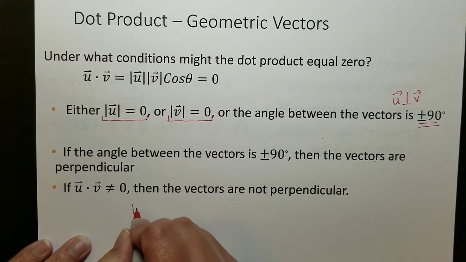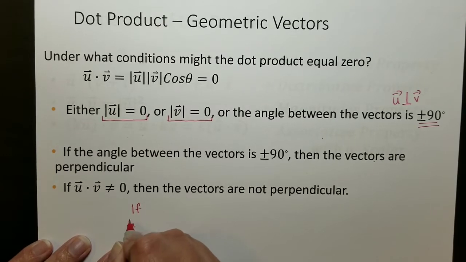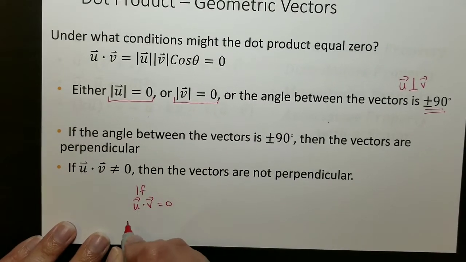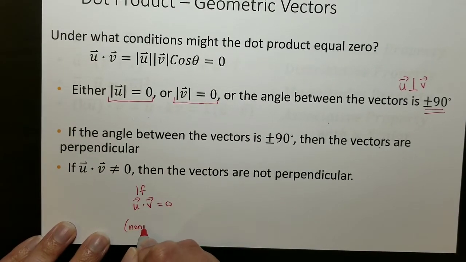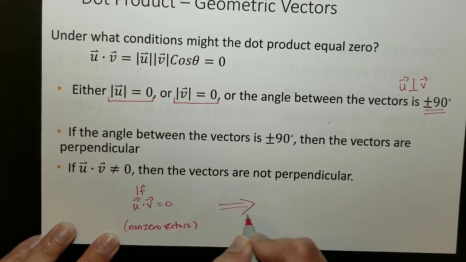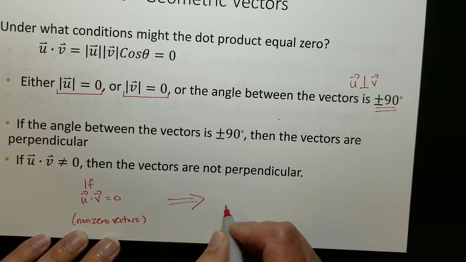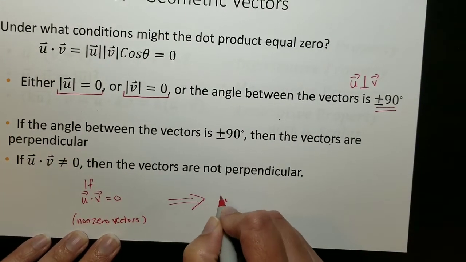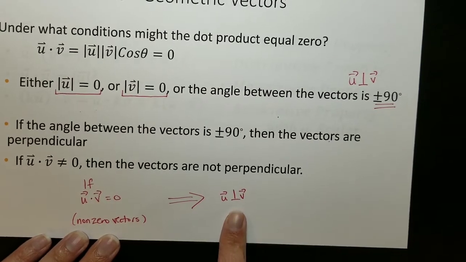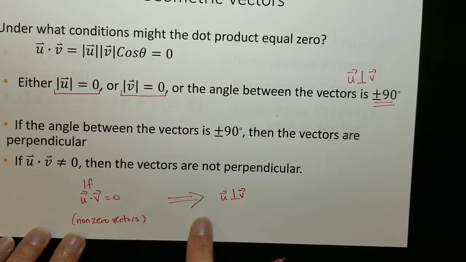So if u dot v equals 0, and we need to know that they're non-zero vectors, then that tells us that the vectors are perpendicular. And this is one of those if and only ifs.